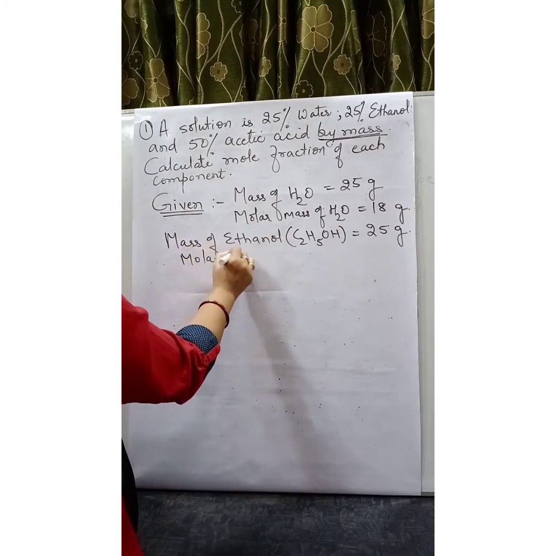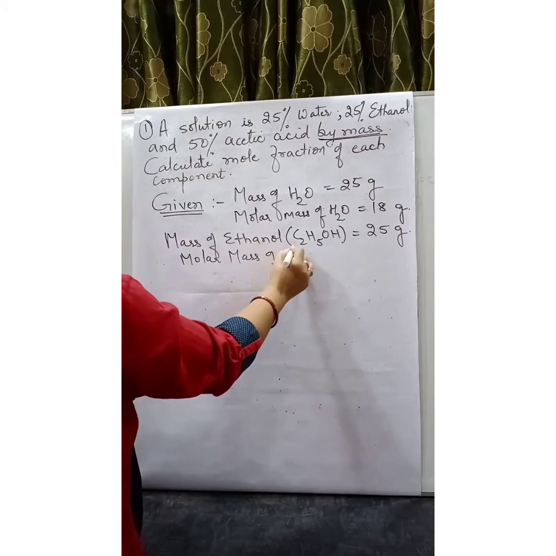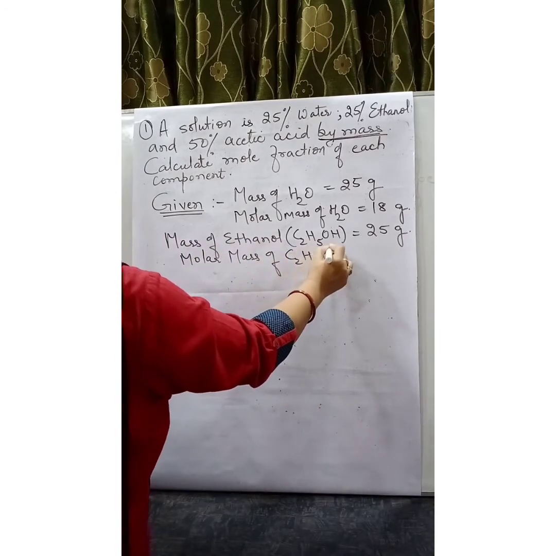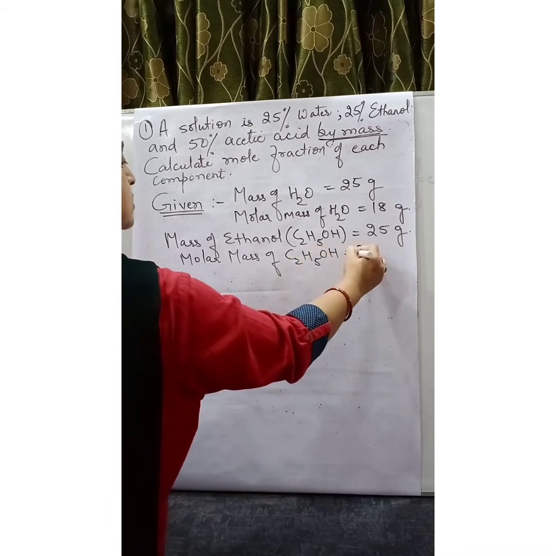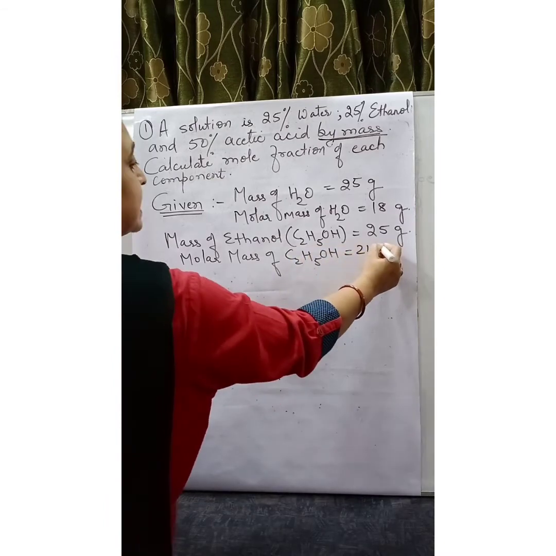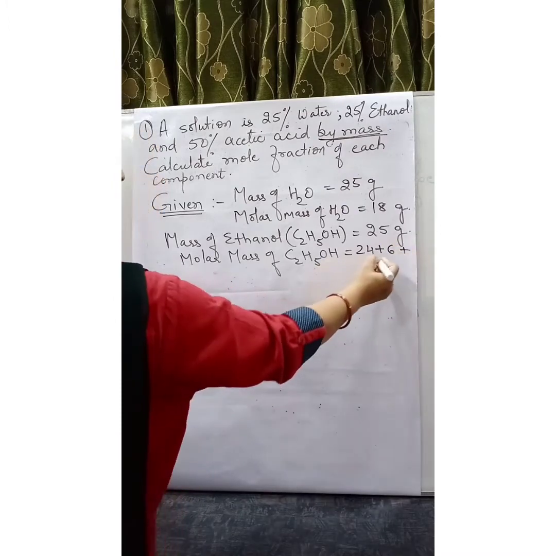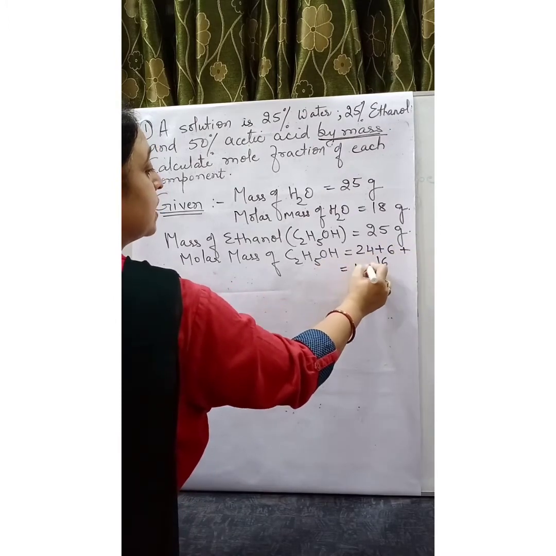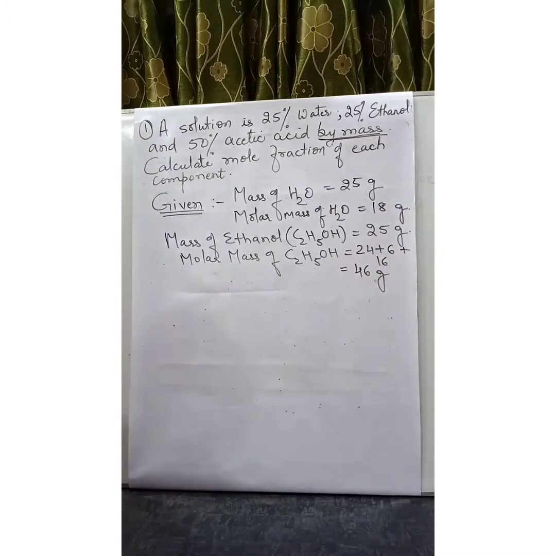Molar mass of ethanol is equal to 2 carbons, so 12 into 2, 24 plus 6 plus 16. So, total gives you 46 gram molar mass of ethanol.